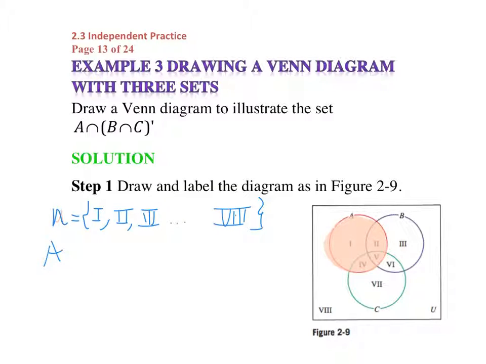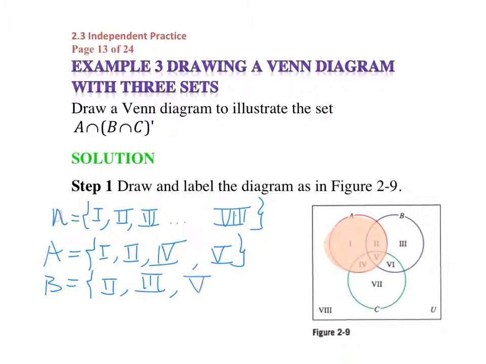And set A is the peachy one. The peachy one has, if you look under the peachy color, elements in areas 1, 2, 4, and 5, right? And with the same method, you should see that set B has 2, 3, 5, I think it's 6.